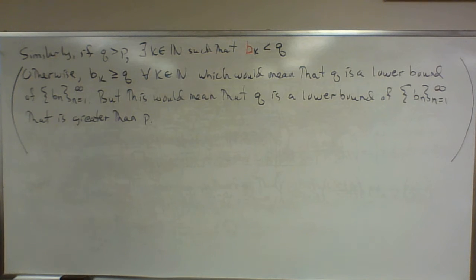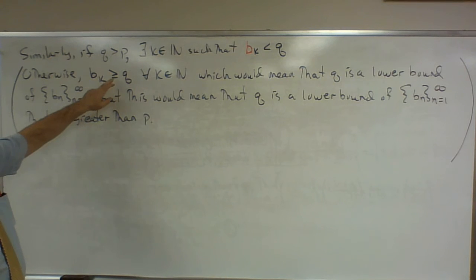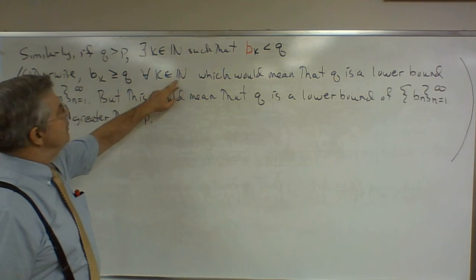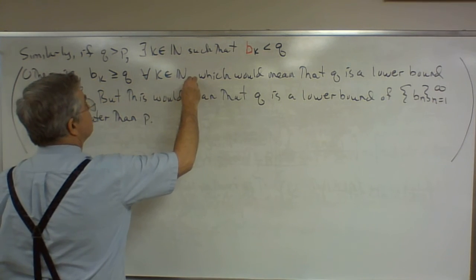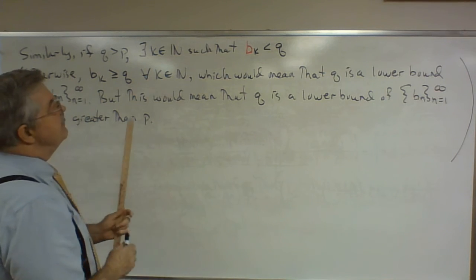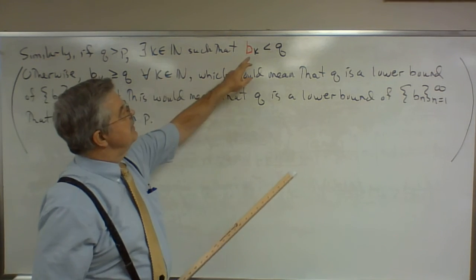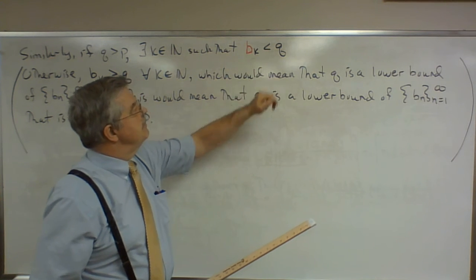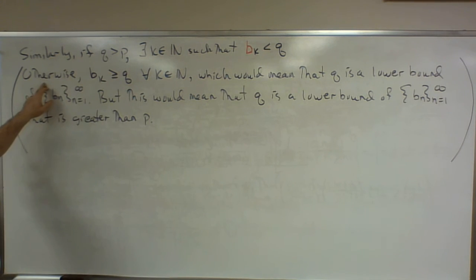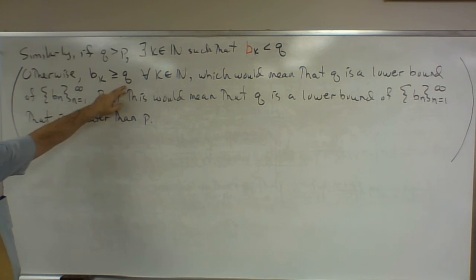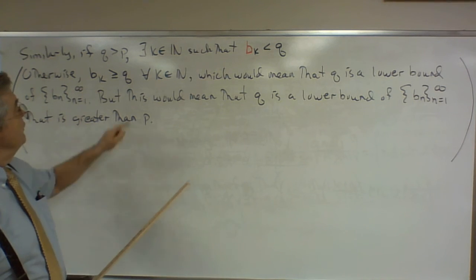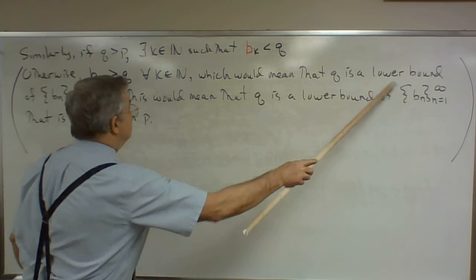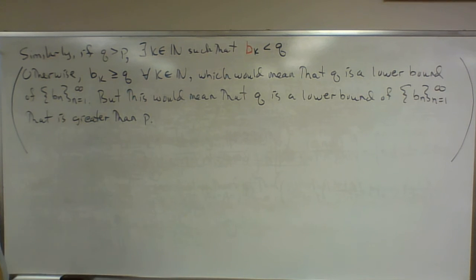Why is that? Well, otherwise, B sub k is greater than or equal to Q for all natural numbers K. See, if it's not true that for some natural number K, B sub k is less than Q, that means that B sub k is greater than or equal to Q for all natural numbers K. And this means that Q is a lower bound for this entire sequence.